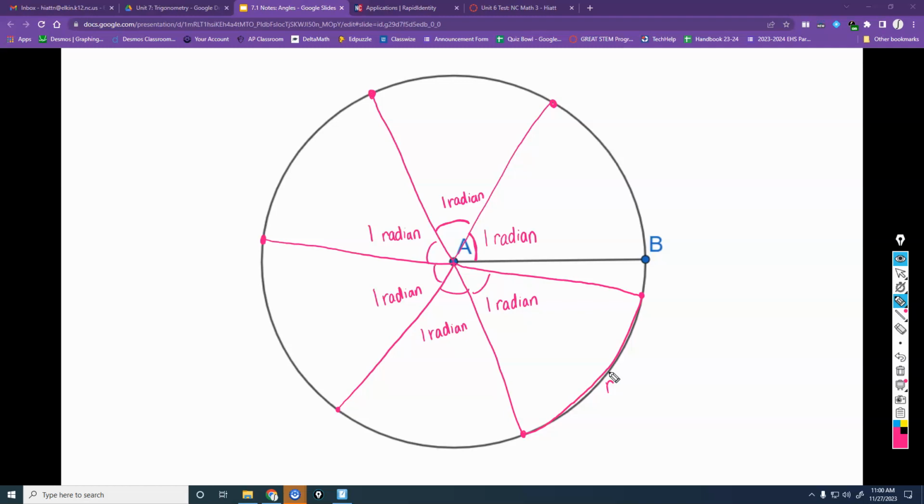But I still ended up with the same number of pieces, right? Because if you have a smaller circle, you'll also have a smaller radius, right? So whenever you do the radians, you'll get the same amount. If you have a bigger circle, you also have a bigger radius, but the angles will end up being the same. So every circle has the same amount of radians in it.